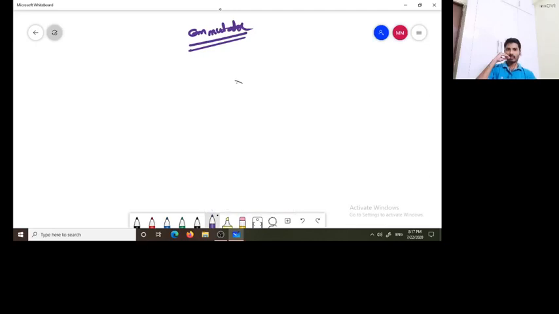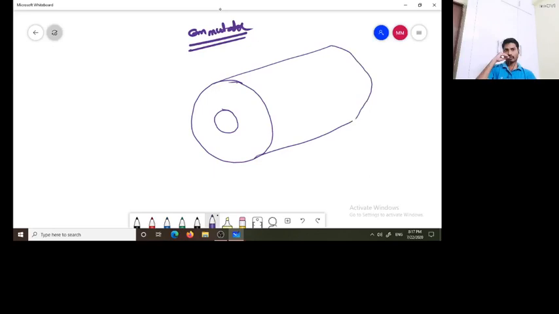Drawing the commutator diagram, this is the structure of a commutator.